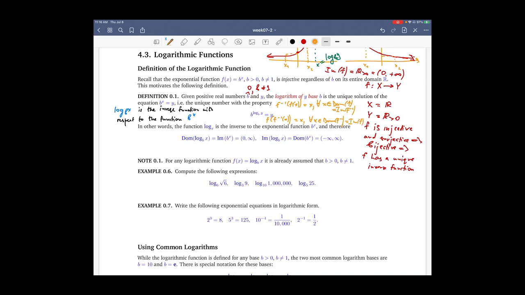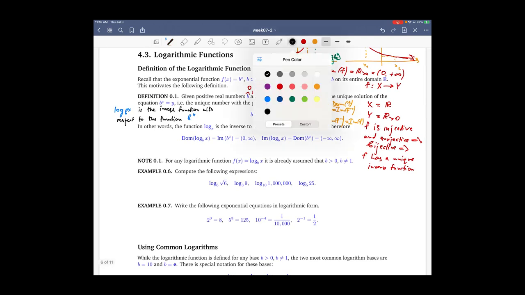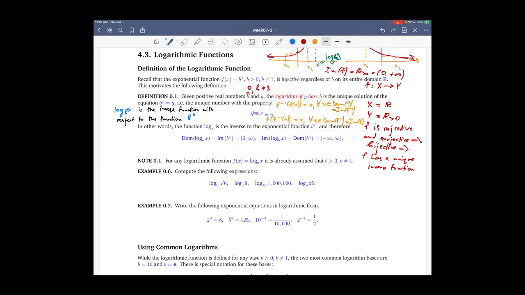So from here we get immediately these two formulas, that log base b of b to the power x is x. And also that's the realization of this formula. If f is b to the power x, then f inverse is log base b.